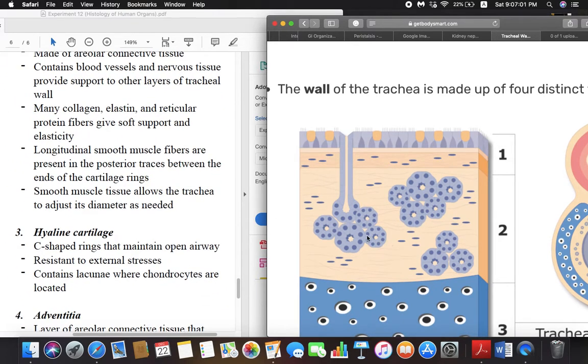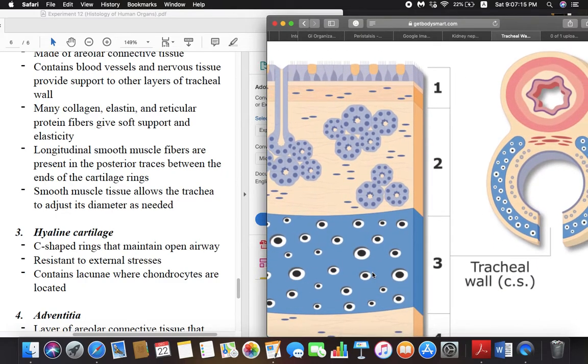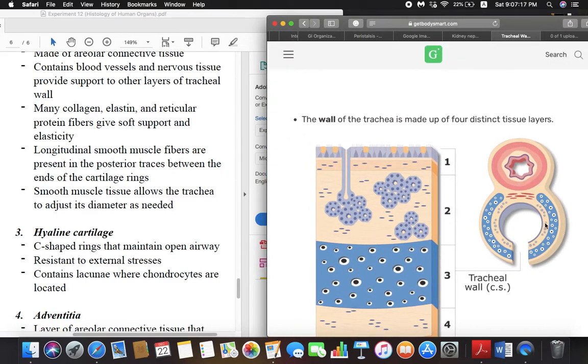We also have longitudinal smooth muscle fibers in the posterior trachea between the ends of the cartilage rings. And we have smooth muscle tissue, which allows the trachea to adjust its diameter as needed. When we're breathing in and out, the diameter of this ring increases and then decreases.